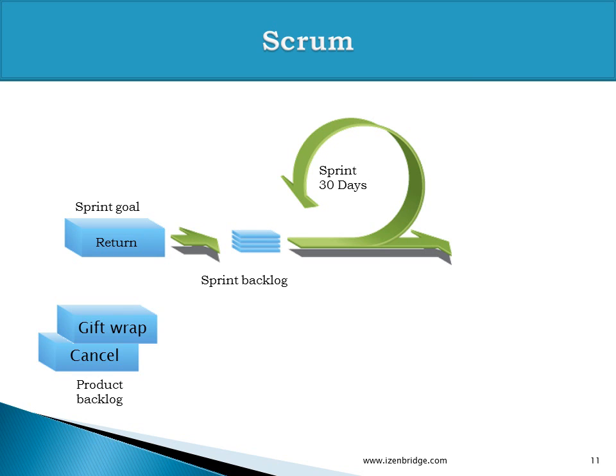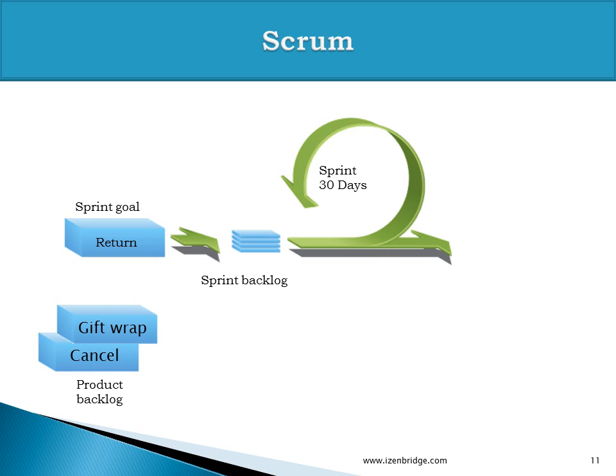So I repeat again, we started with a set of requirements and we decided on a duration of an exploration cycle, which is like a sprint cycle. We decided, okay, we will go with a 30 days sprint.